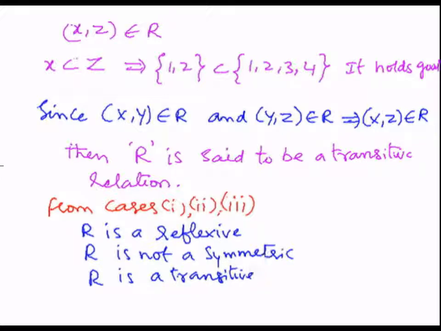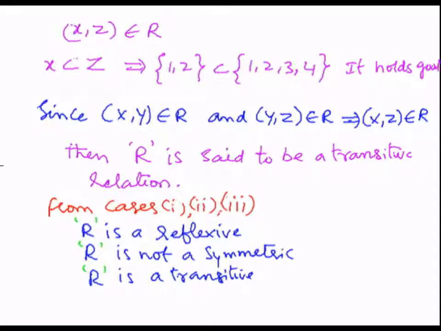But we know that when a relation R is reflexive, symmetric and transitive, then only it is said to be called an equivalence relation. But here R is reflexive and transitive, but it is not symmetric. Therefore the relation R is not said to be called an equivalence relation.